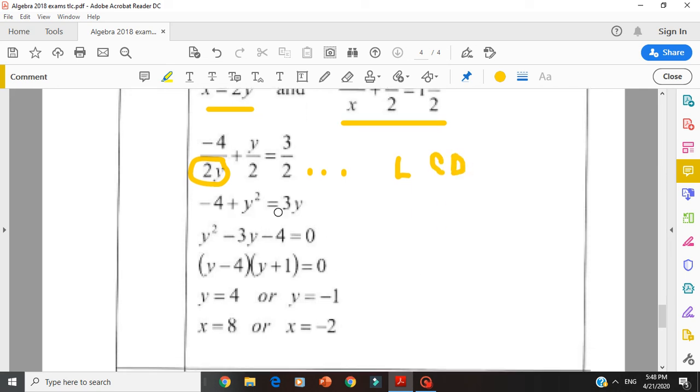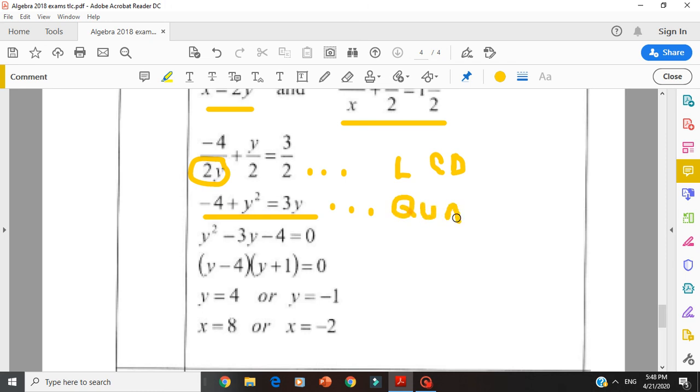By multiplying everything out and isolating and separating our variables, we get minus 4 plus y squared equals 3y. And notice now that it's starting to look like a quadratic equation. So it's quadratic.